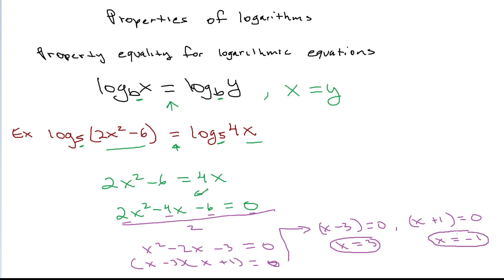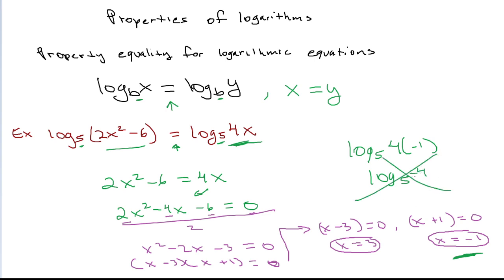Okay, now there are two answers, 3 and negative 1. However, we can never have a logarithm of a negative number. So if I take this one here, for example, plug it in for x up here, I will have log base 5 of 4 times negative 1, and so that's equal to log base 5 of negative 1. This doesn't work.